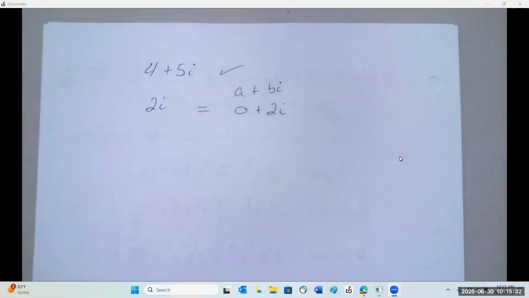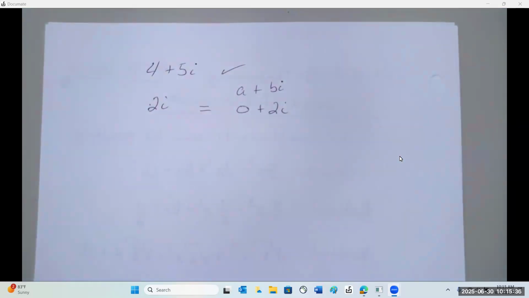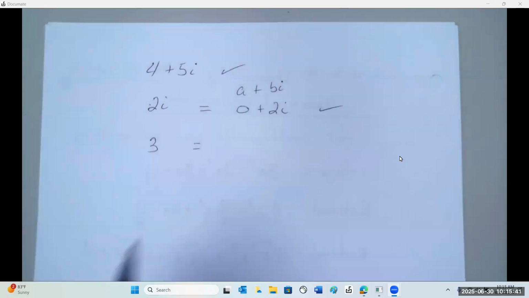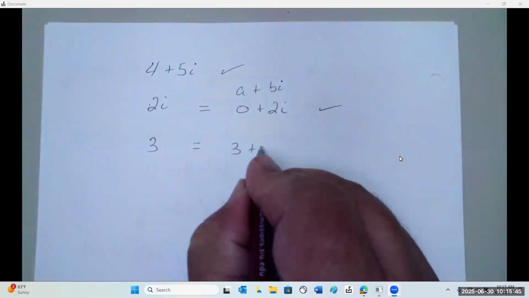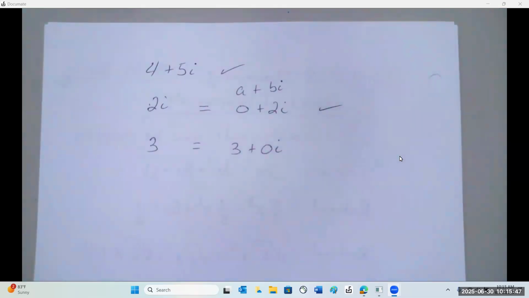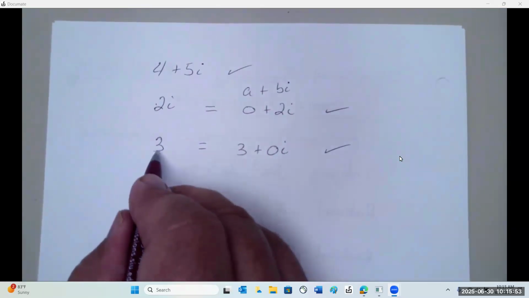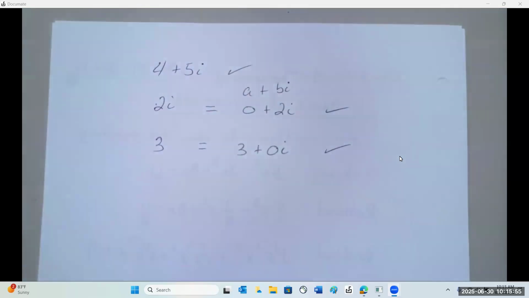Is 0 a real number? Yes. So yes, this is a complex number. Is that a complex number? Is 0 a real number? Yes. So a complex number can have any form.